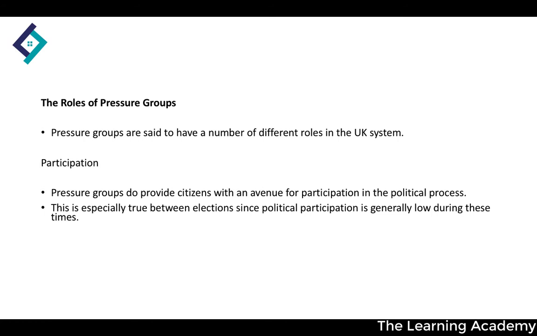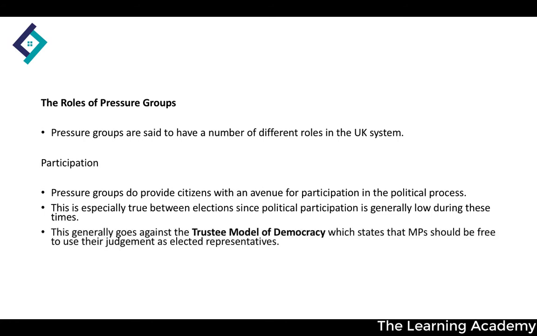If there's no other way to participate in politics, then you're only participating every 5 years if you're a general voter. Pressure groups provide a way for people to participate more in politics during those times between elections.